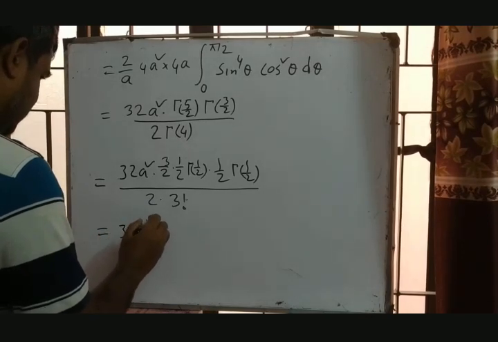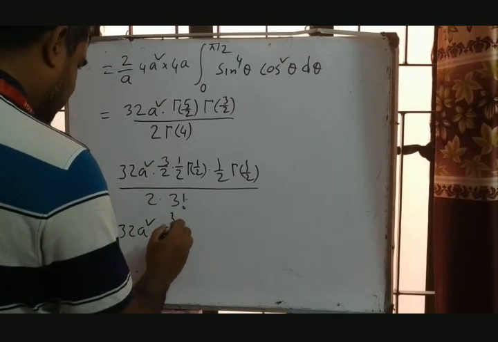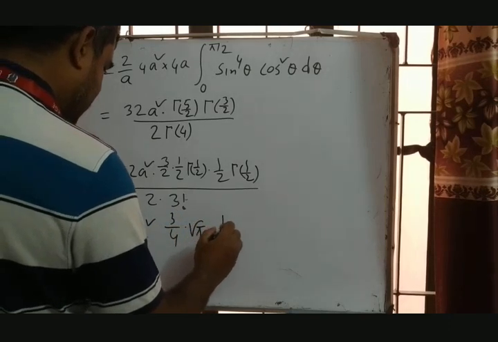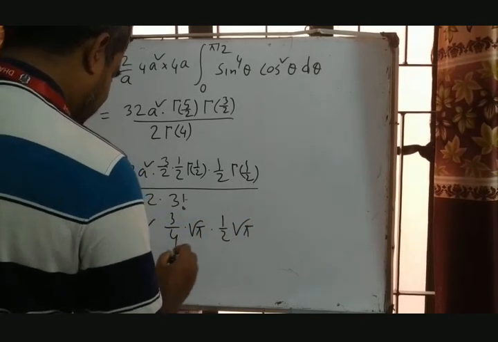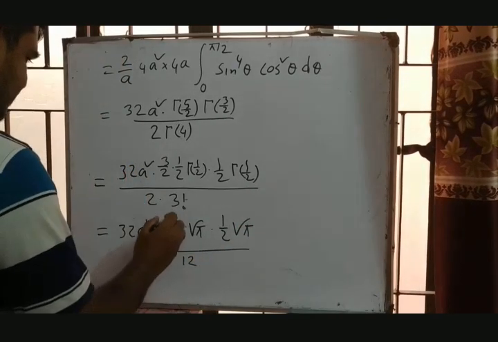So finally we get 16 a square times 3 by 4 times root pi into half root pi, divided by 12.